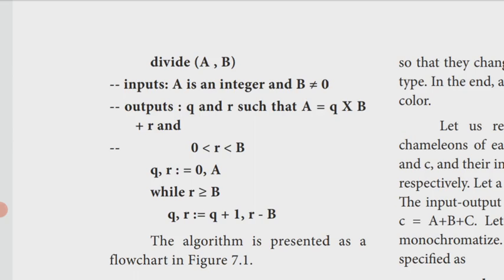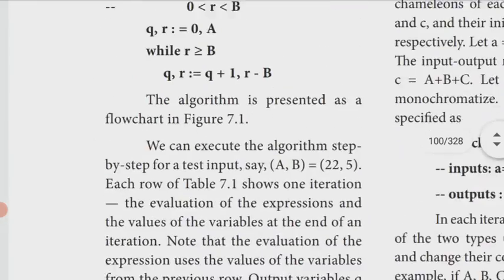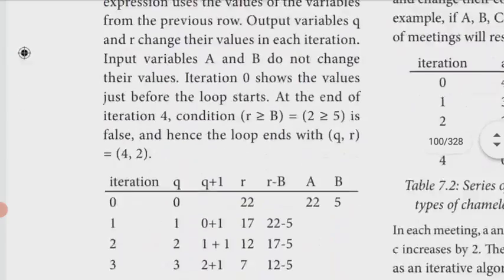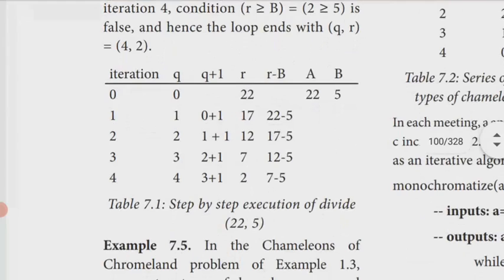Okay, so here the example is there, that example we can take. See here, the a value is 22, the b value is 5. At the first step, the quotient is 0 and the remainder value is 22, because we didn't do anything yet.